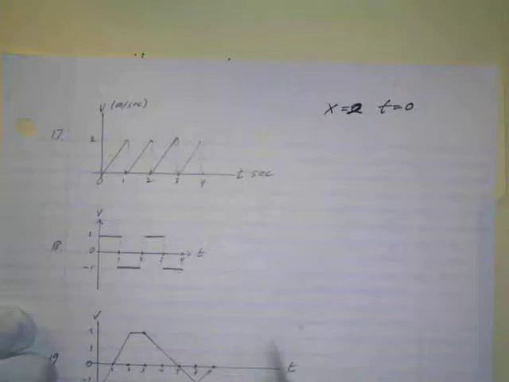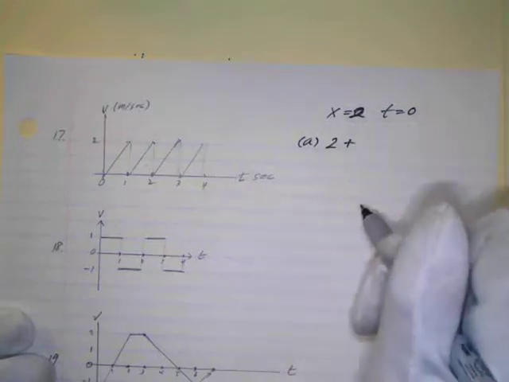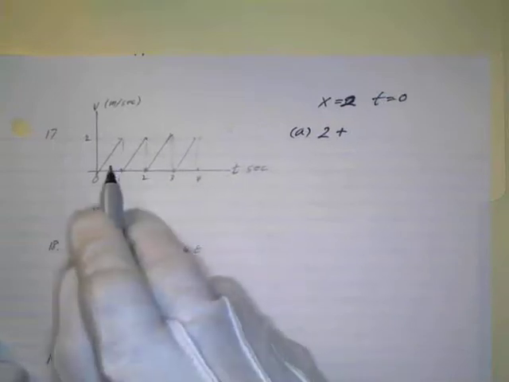So find where the particle is at the end of the trip, and then find the total distance traveled by the particle. Well, the particle at the end of the trip, A, it's going to start x equals 2, plus however much we've covered. Well, remember this is the velocity, so the actual distance that I covered is just the area under the velocity curve.